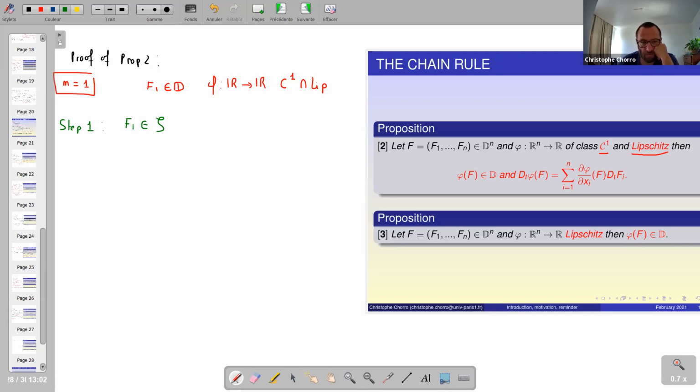So what happens if F1 belongs to S? Well, it means that F1 is equal to f of, so it has this form here, as usual.